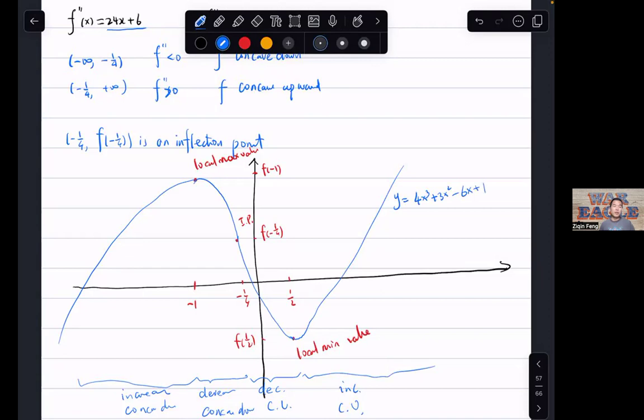So this is how we use the first and second derivatives of the function to get increasing, decreasing, local maximum and local minimum values, and also the concave up interval and concave downward interval, and also the inflection point. After we have all the information, we can sketch the graph of this function, right?